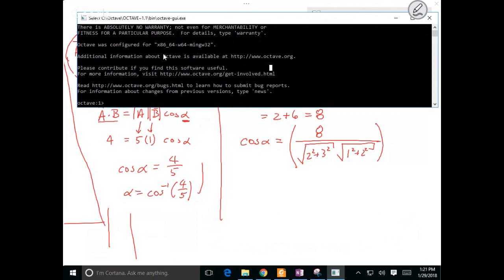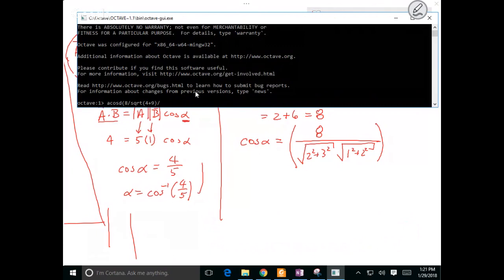So in essence, I can just take arc cosine in degrees. I want my answers in degrees. 8 divided by the square root of, okay, 2 squared is 4, and 3 squared is 9. Okay.